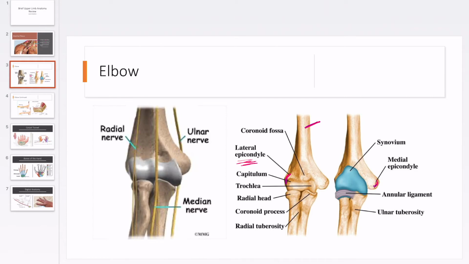You can also have lateral epicondylitis, which is known as tennis elbow. That's where you either have general inflammation or a tear with the extensor tendons. They say tennis because you think of a backhand movement.